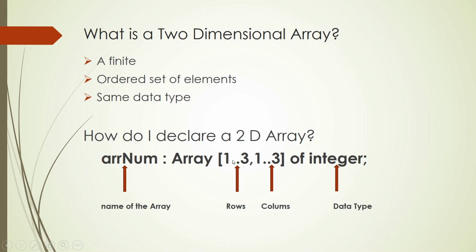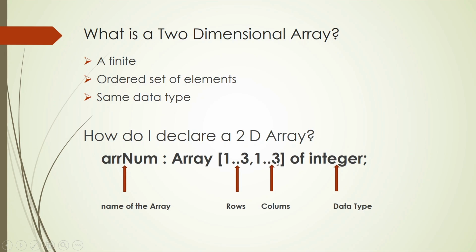How many rows? This is your row lower bound, and this is your row upper bound. So I am saying that I want to start with row 1 and I want to end with row 3. So there are 3 rows.